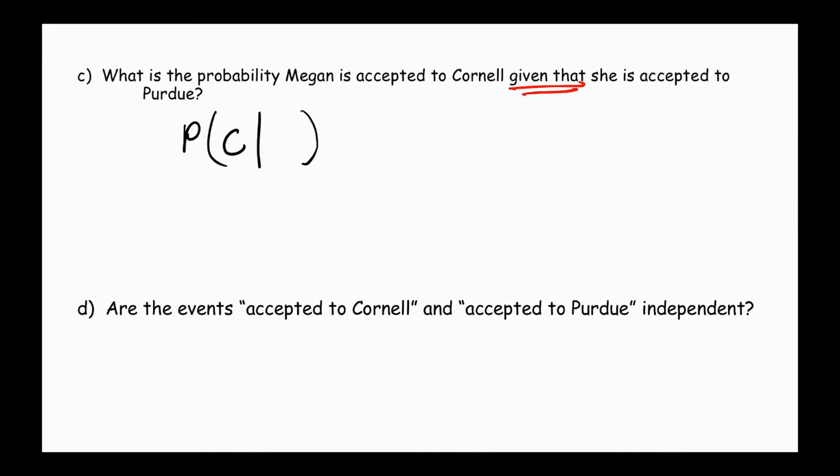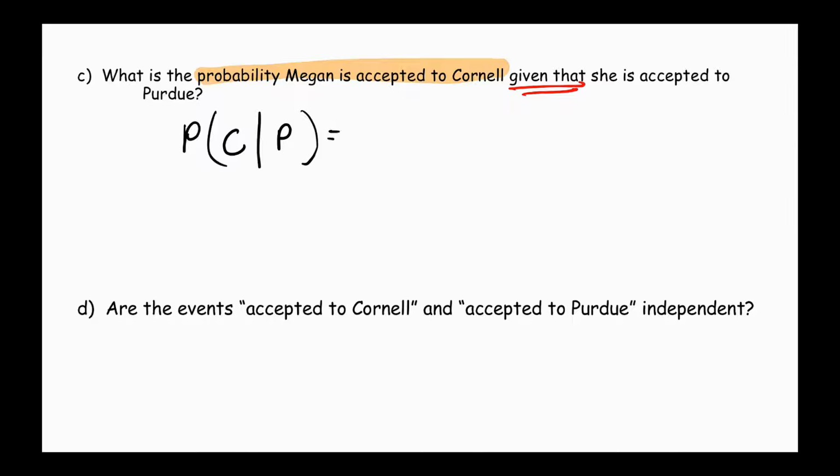What's the probability she's accepted to Cornell? That's why that goes there. The first one addresses the question. The second one addresses the given that part. She already got into Purdue. So we're going to put a P over there.